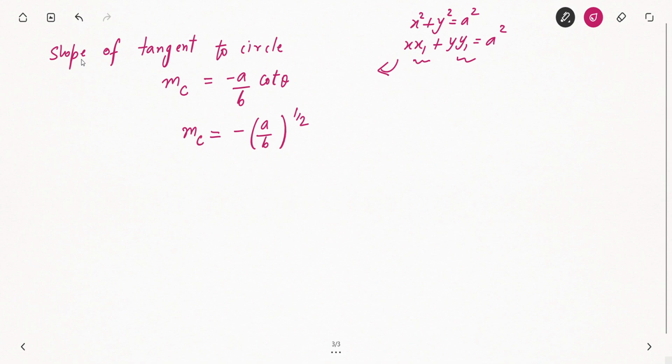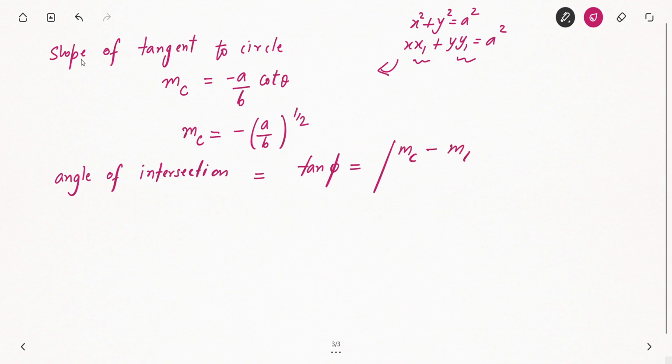Now what we know, by the formula, the angle of intersection will be given by tan phi, and that is equal to mod of MC minus ME, that is the slope of the tangent to the circle and the slope of the tangent to the ellipse, upon 1 plus MC into ME.